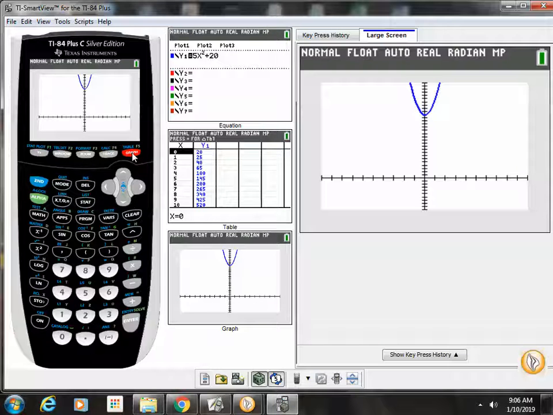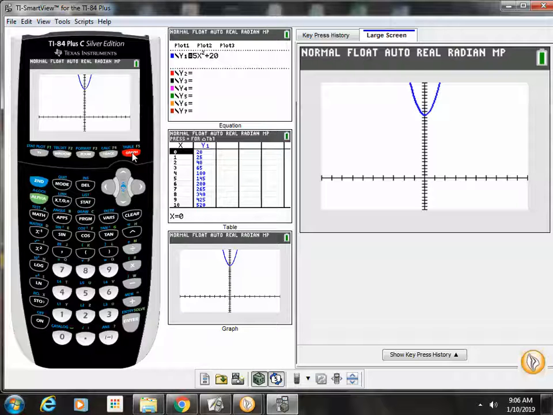X max is 10. We want to change the height of y to 30. Now go back. Anybody else unable to get the graph to appear? Okay, so we were finally able to get it graphed.